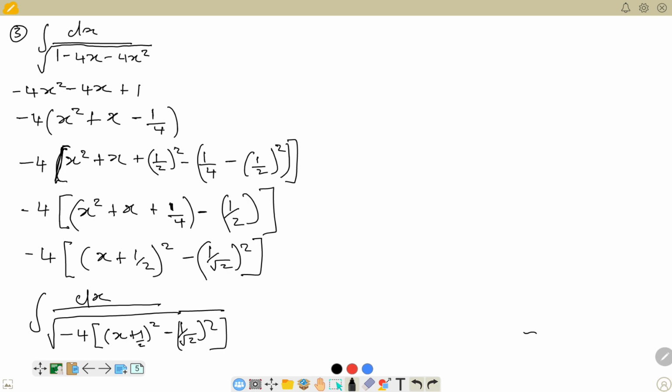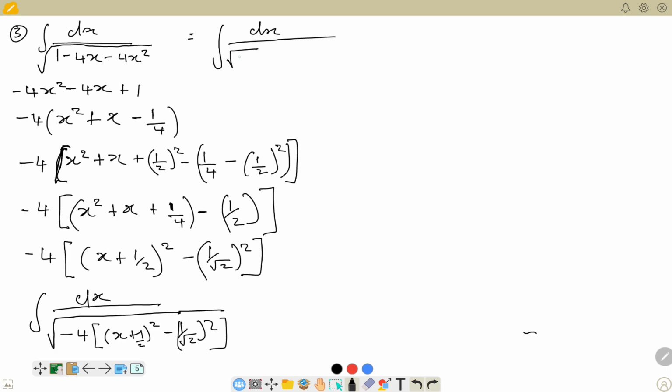Then from there, we can see that it is not allowed to take the negative outside of the square root, because it will give us a math error, or it can take us to complex functions, and we are not dealing with complex numbers right now. So when we get to that part, this is still equal to that.